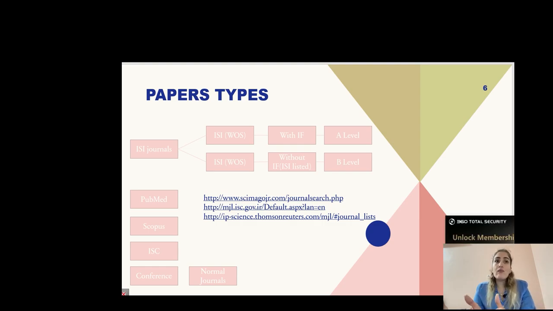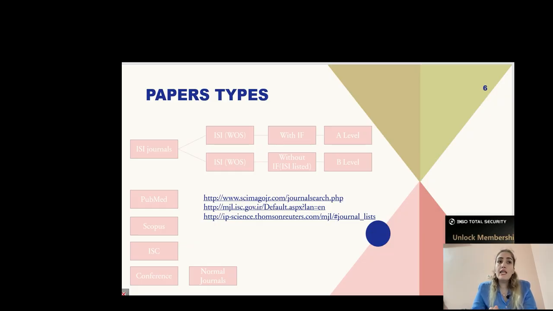The best goes to the Q1 category, then Q2, then Q3 and Q4. This is based on the Web of Science division. Scopus journals are also categorized Q1 to Q4, but the Scopus Q1 to Q4 are different from the ISI journal Q1 to Q4.